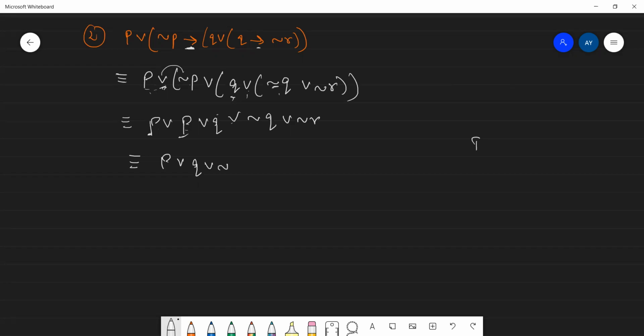What is P or P? P or P is equal to P again. So from this you got P, P or Q, or negation Q, or R.